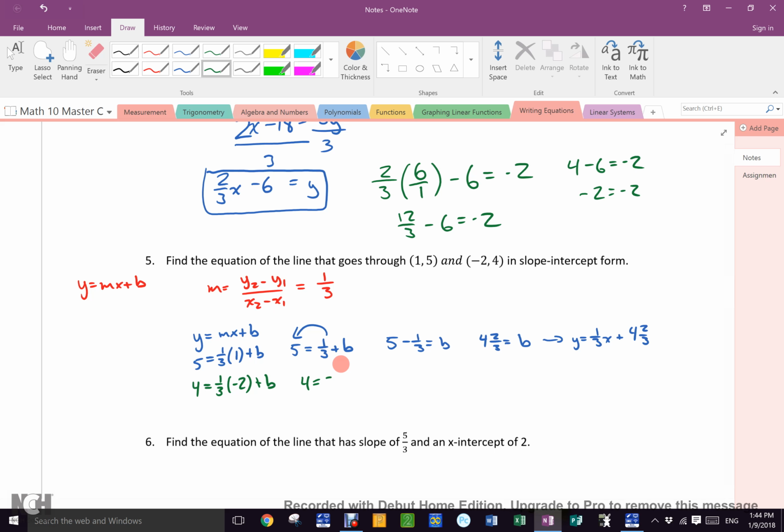Now I got to multiply it by 2. Negative 2/3, right? I want to get b by itself, so what do I do with that 2/3? I move it over, and what does it become? Positive 2/3 equals b. 4 plus 2/3 is again 4 2/3 equals b. So I can finish it off.